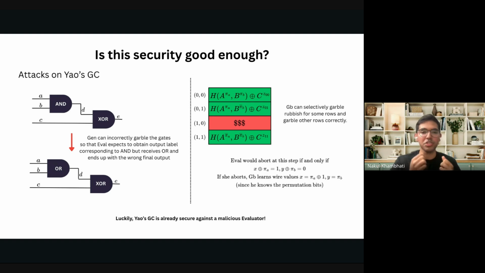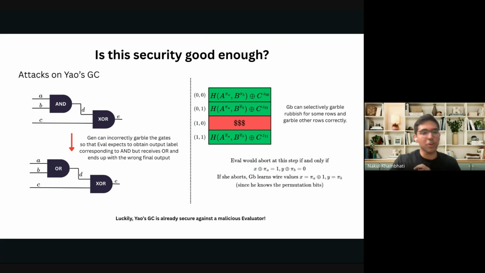So if the zero knowledge proof at this step fails, she might abort if and only if she had masked values corresponding to 1, 0. If she aborts, the gobbler now knows that she had masked values corresponding to 1, 0, and he also has the permutation bits pi a and pi b, and this now leaks the real wire values x and y, using the fact that the evaluator aborted at this row, which gives these masked values, and the fact that the gobbler knows what pi a and pi b are.